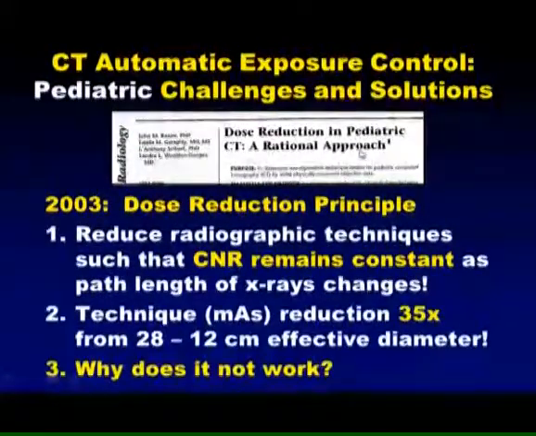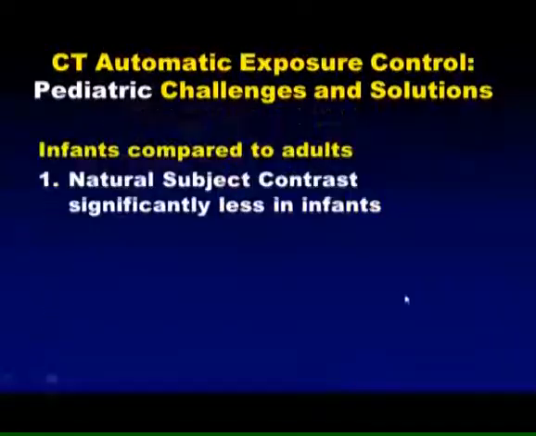Now, it doesn't work for the reasons that I've already stated, but that wasn't well understood in 2003. And look what we could do if it worked. We could reduce the mAs by a factor of 35 on the smallest pediatric patients relative to the largest adult patients if indeed we could keep the contrast to noise ratio the same.